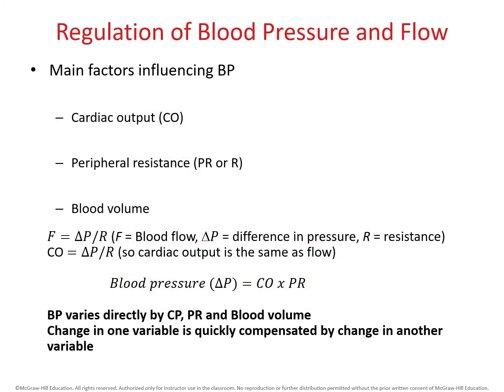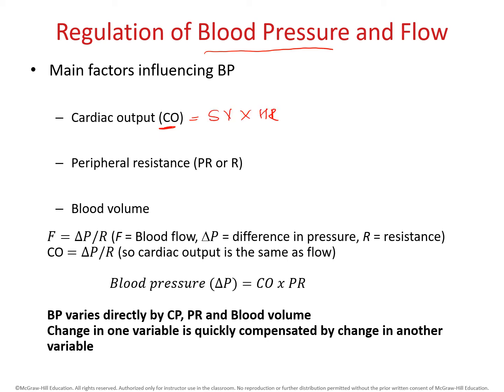The regulation of blood pressure requires coordination between the heart, the blood vessels, and the kidney. And blood pressure itself is regulated by three main factors: the cardiac output. Cardiac output is CO, and the cardiac output really is equal to stroke volume times the heart rate, right?